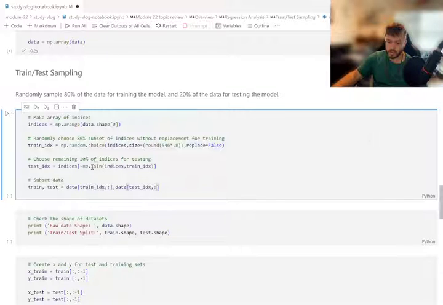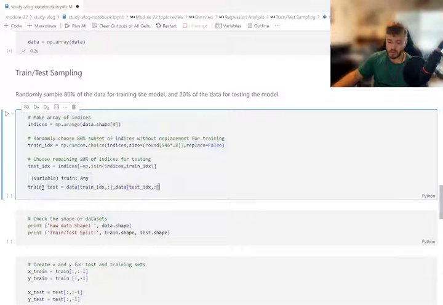Train index and test index are lists of indices of the rows chosen for our train and test samples. Now we need to actually grab those samples themselves, and we're going to do that by index slicing. So that's what's going on here.